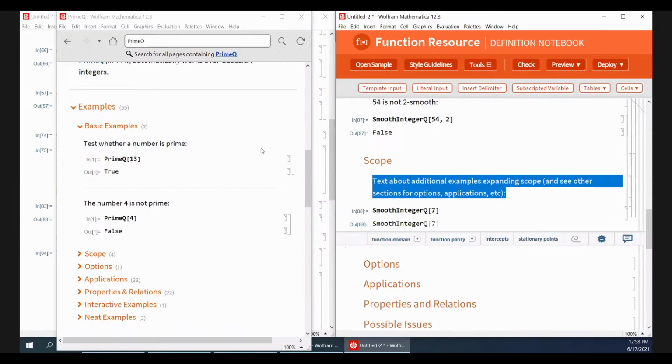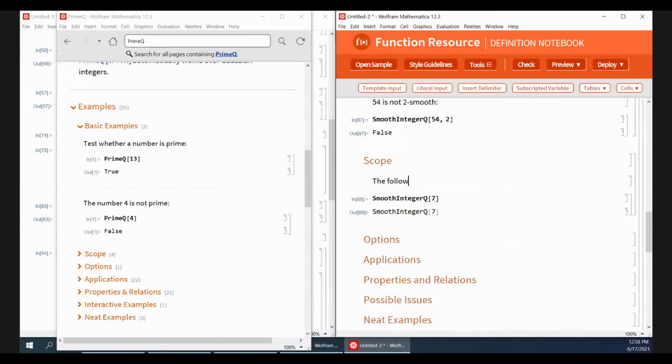You can also use properties and relations. If you use the integer exponent definition, you could perhaps show that there's an equivalent factor integer definition, noting perhaps that it can be slow for large inputs.